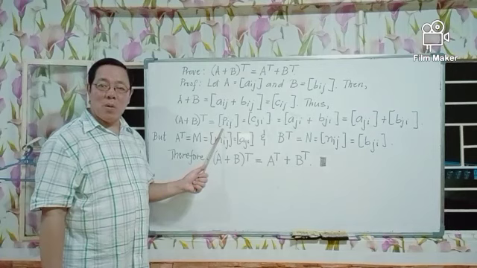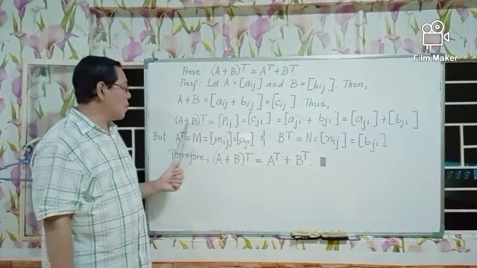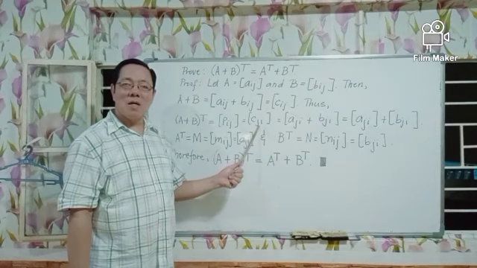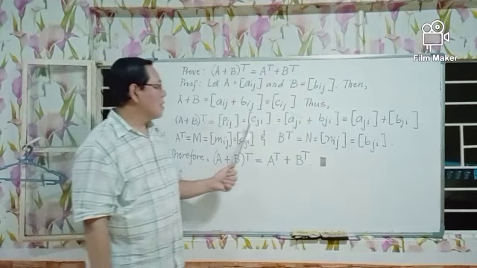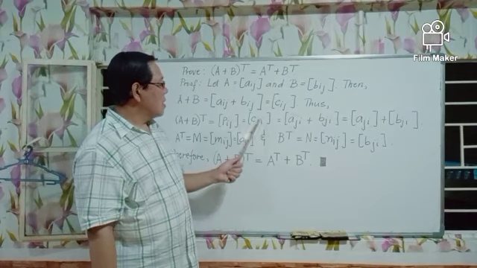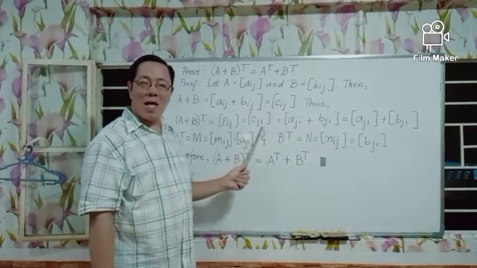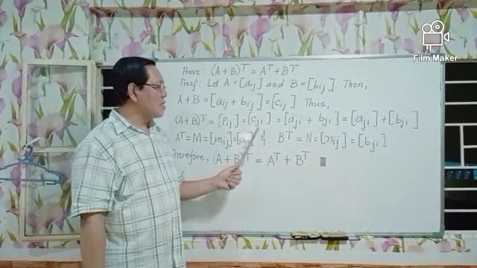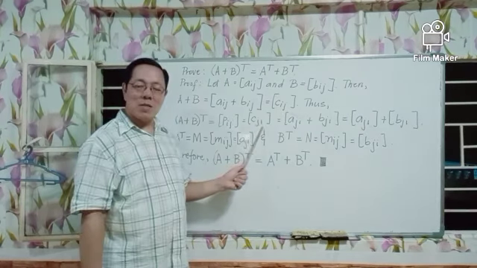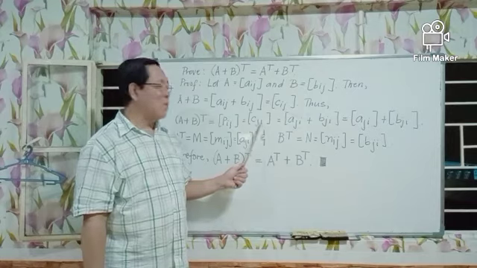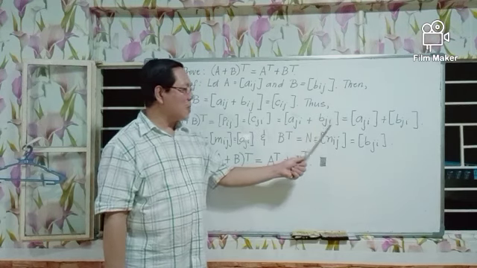And by definition of transpose matrix, the entry in the ith row and jth column of A plus B transpose is equal to the entry in the jth row and ith column of the sum A plus B. But by definition, if c sub ji is the entry in the jth row and ith column of A plus B, then c sub ji must be the sum of the corresponding entries: the entry in the jth row and ith column of matrix A, and the entry in the jth row and ith column of matrix B.